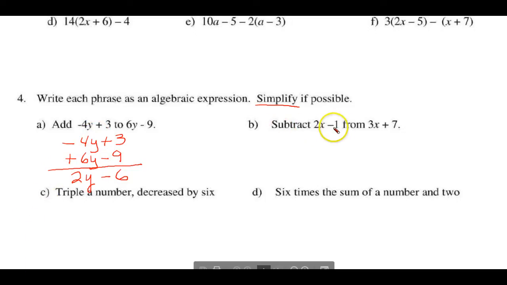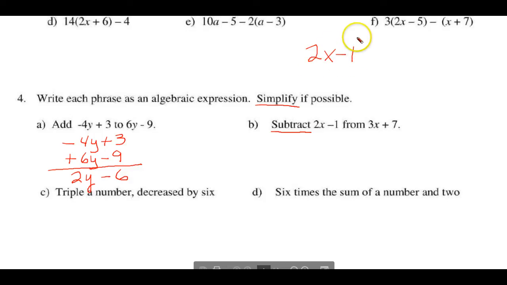Now in this next one, this is where many students will make an error. So pay particular attention to this. Now this says subtract. So what I'm going to do, I'll do it up here. 2x minus 1.